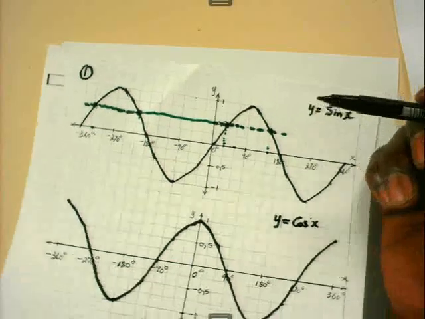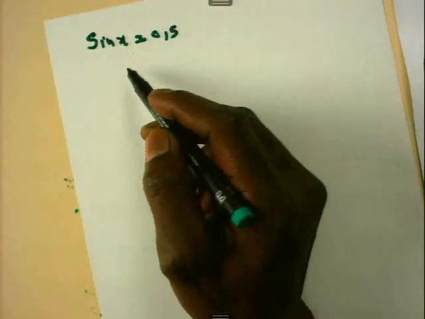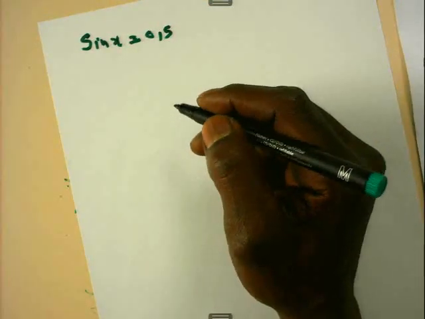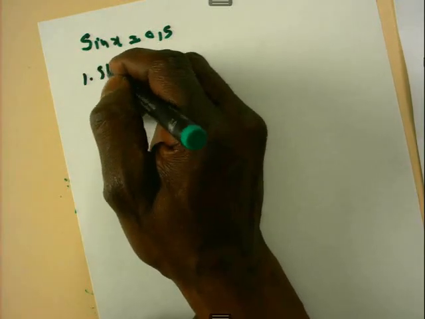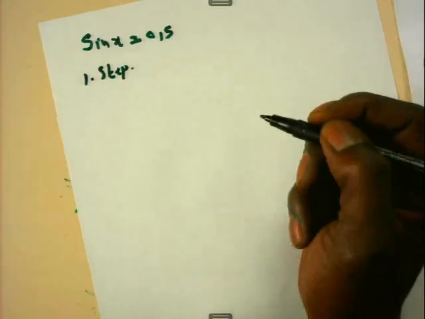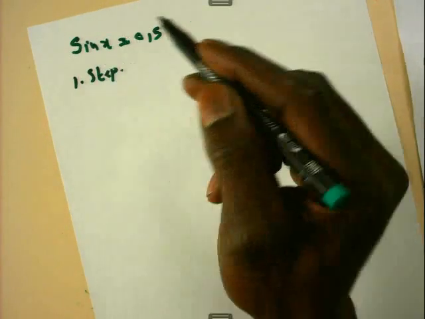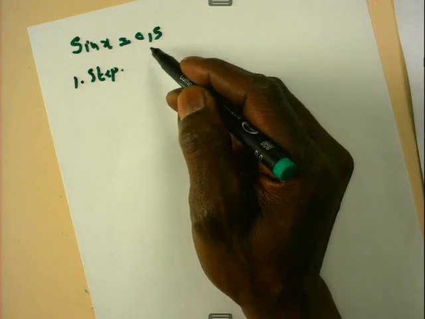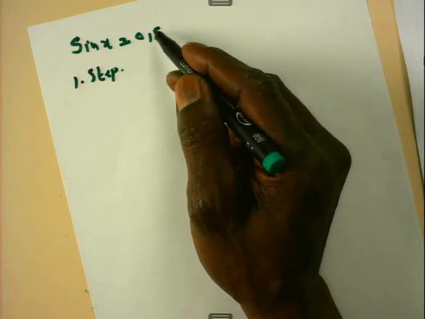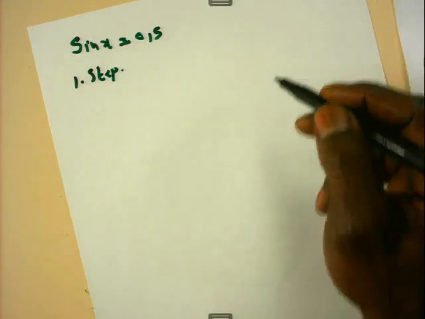And how do we go about that? Now, we are having sine x is equal to 0,5. The first step that we must do is to identify the quadrant where sine is positive, because the 0,5 is the ratio of the opposite side over hypotenuse side, which is positive.